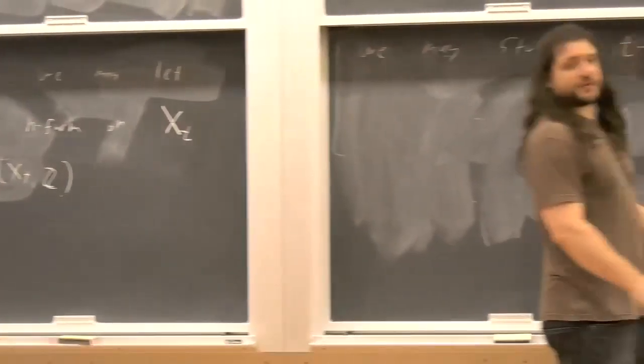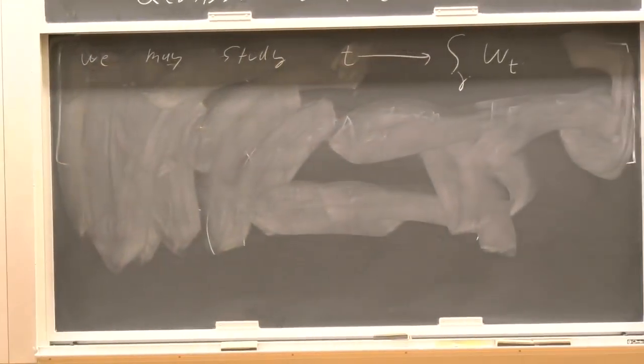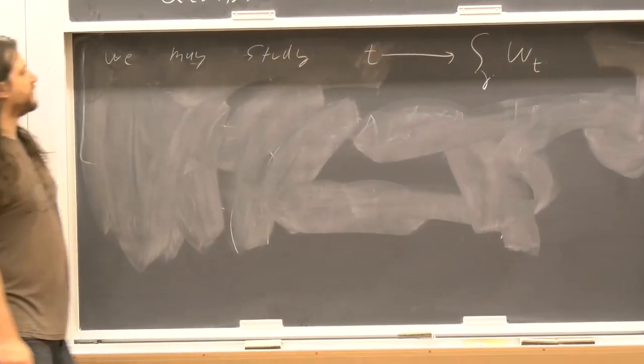And we can study this thing, but of course, this depends on how we normalize omega sub t, and on the choice of gamma.